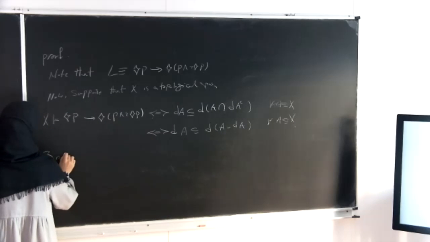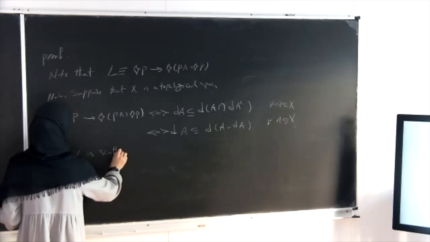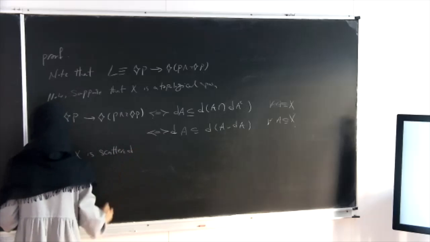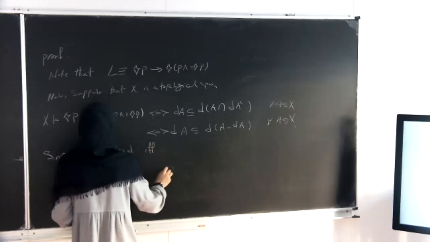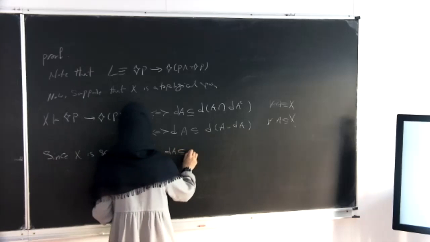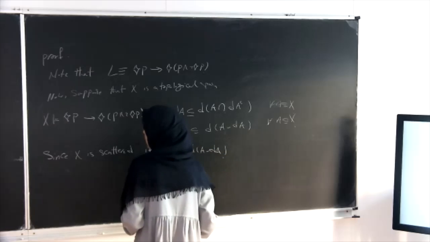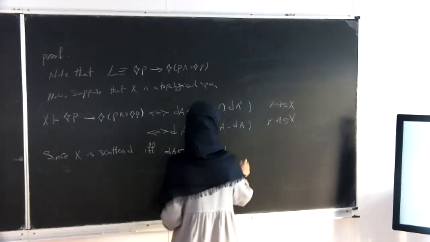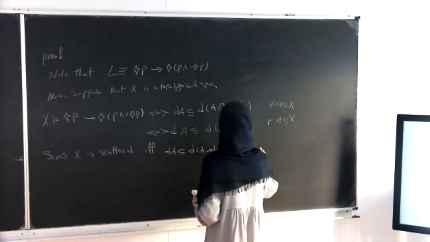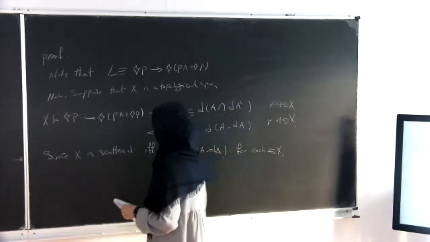Since X is scattered if and only if D of A is a subset of D of A minus D of A, which we said is true before for each A subset of X, the claim is proved.